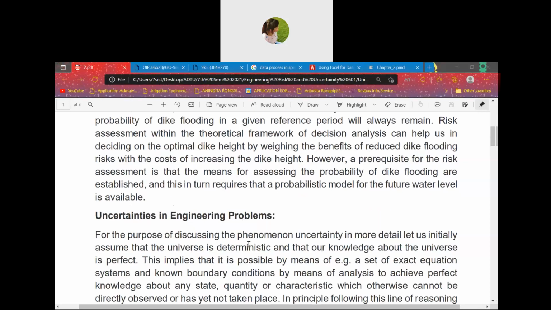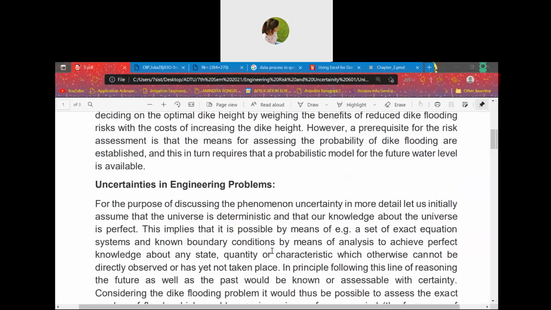Next, uncertainties in engineering problems. For the purpose of discussing the phenomenon of uncertainty in more detail, let us initially assume that the universe is deterministic and that our knowledge about the universe is perfect. So we have to assume that the universe is deterministic and our knowledge about the universe is perfect.